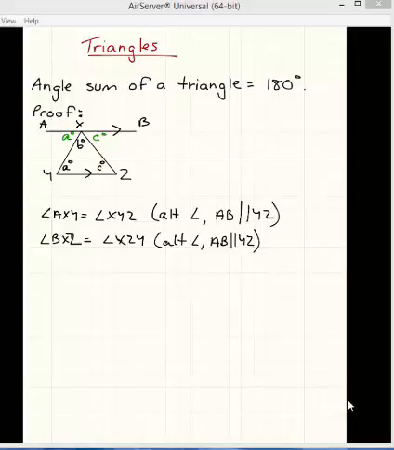Now have a look at what that's done. I have a straight line AB. So A plus B plus C has to be equal to 180 because it's a straight angle. And that's how you prove that the angle sum of a triangle is equal to 180.